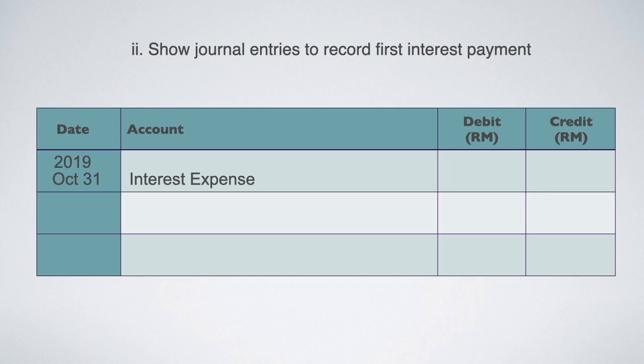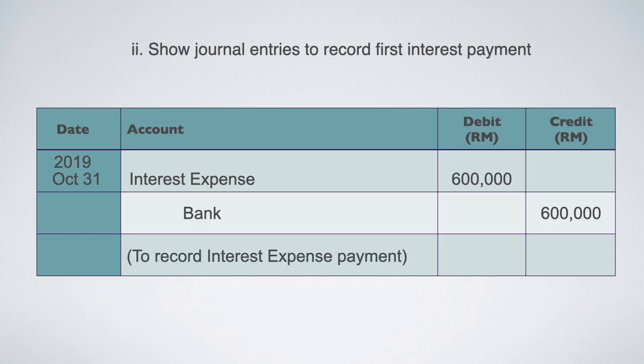So interest expense debit as the expense incurred, and then you credit bank 600,000. Here there is no wording interest payable, because we have not crossed the ending accounting period. Done, settled. Okay, now we look at: show the journal entry to record redemption of the bonds.